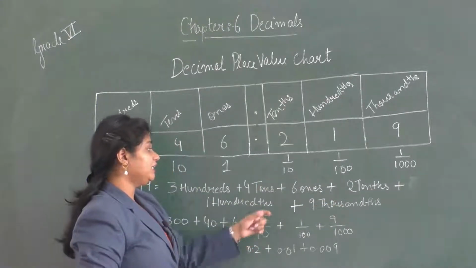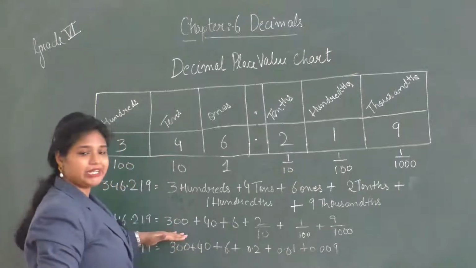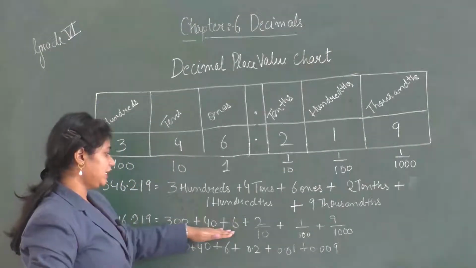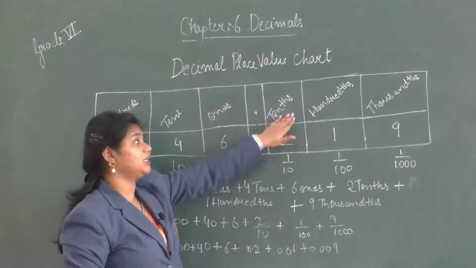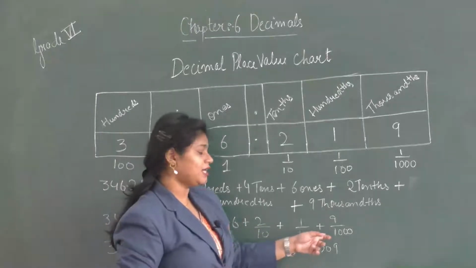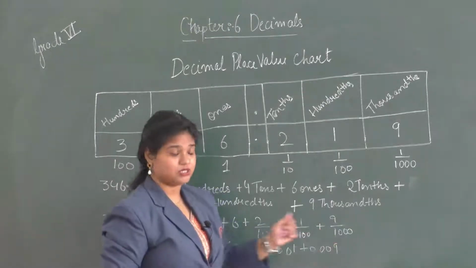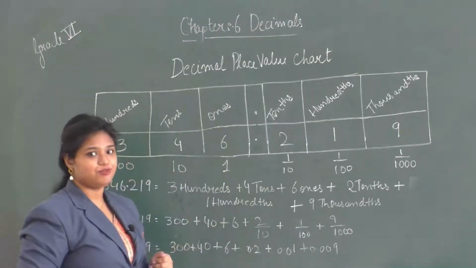Now we will write the decimal part in the form of a fraction. So first you will write 300 plus 40 plus 6 plus 2 by 10 because it is coming under the 10th place. Then 1 by 100 plus 9 by 1000. Now let's convert this fraction into the decimal form.